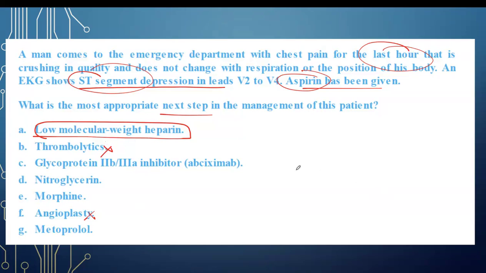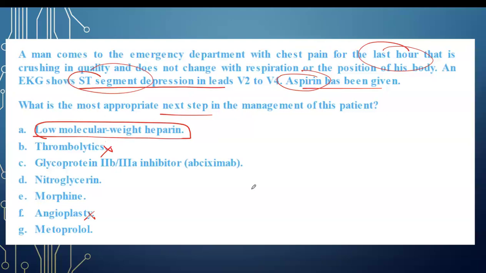And Dr. Irosha asks, if ST elevated MI presents after 12 hours, is angioplasty or thrombolytics the first choice? For such a patient, it is no longer an urgent PCI or something like that. Even after 12 hours, you would still organize a coronary angiogram for that patient to see if you can go for a stenting.